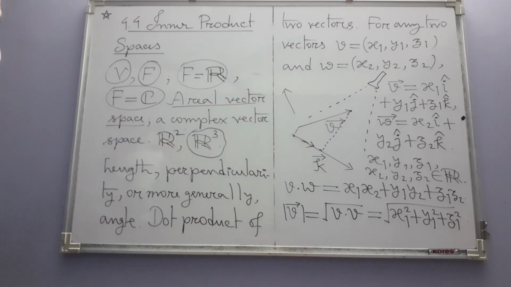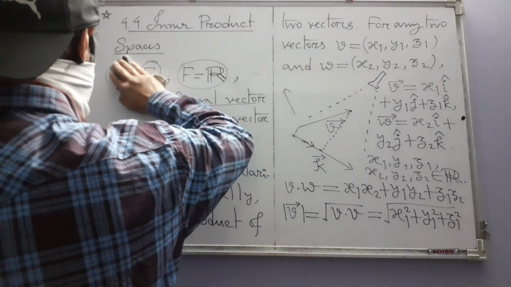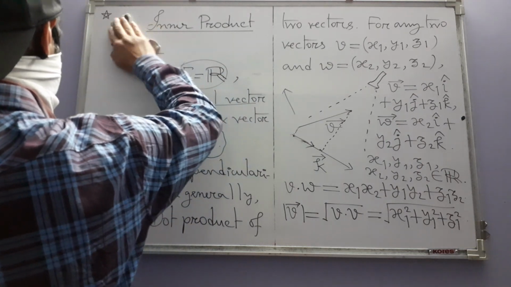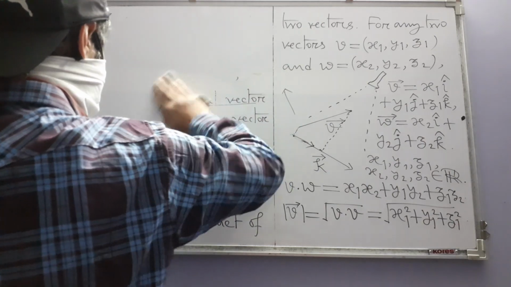And when two such vectors v and w are given, the angle between them is given by this formula, which I'm now going to write.